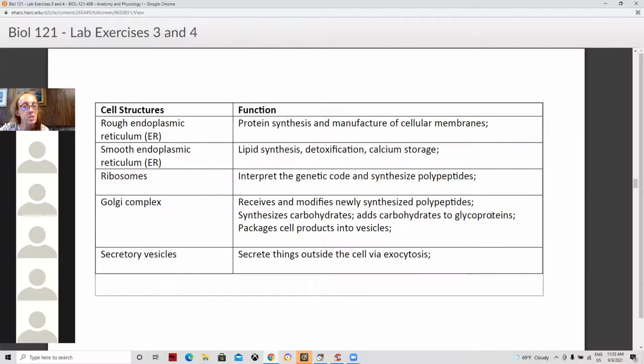Remember glycoproteins, like I think Aaron may have said before, glyco means a sugar or a carbohydrate. So a glycoprotein is a molecule that's made of a protein and a carbohydrate. The Golgi complex also packages cell products into vesicles.